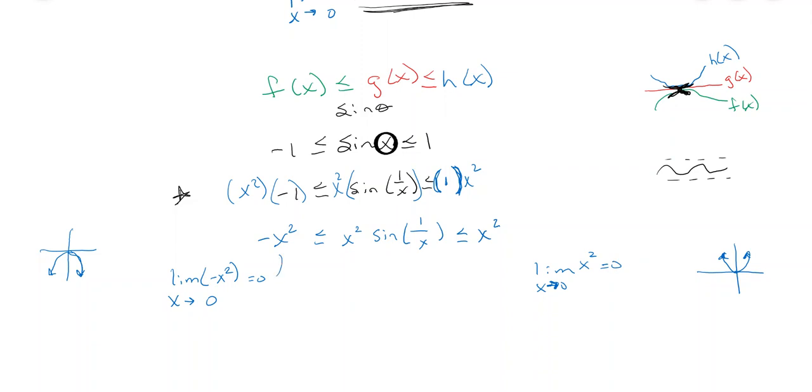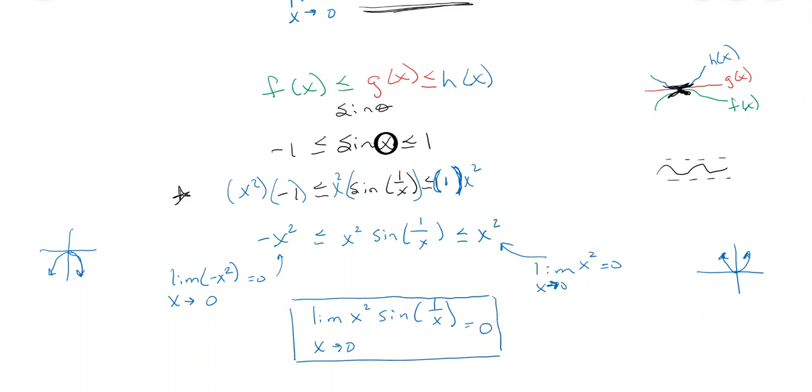So if the limit of this is 0 and the limit of this is 0, then what do you think the limit of this has to be? According to the squeeze theorem, this has to be squeezed in between, and this is the answer.